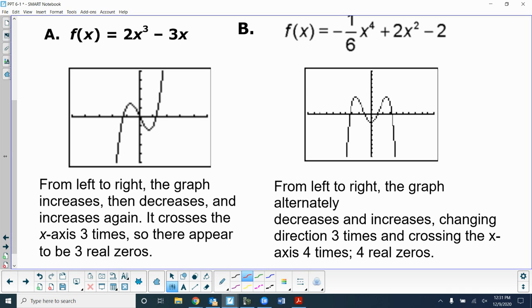If we were trying to solve this, wherever your graph crosses the x-axis is your answers. Those are your zeros or your roots. This one, left to right increases, decreases, increases, decreases. It crosses 4 times, so it's got 4 real zeros. That happens, like I said, over 90% of the time.